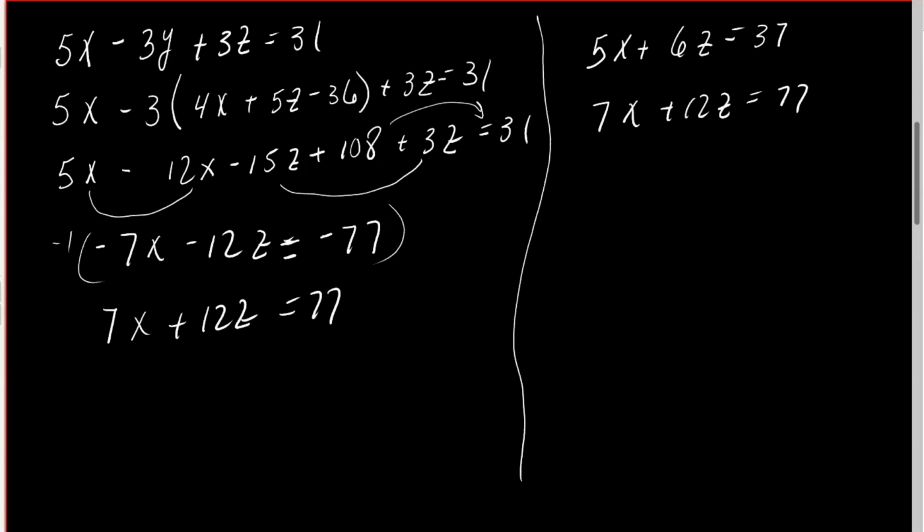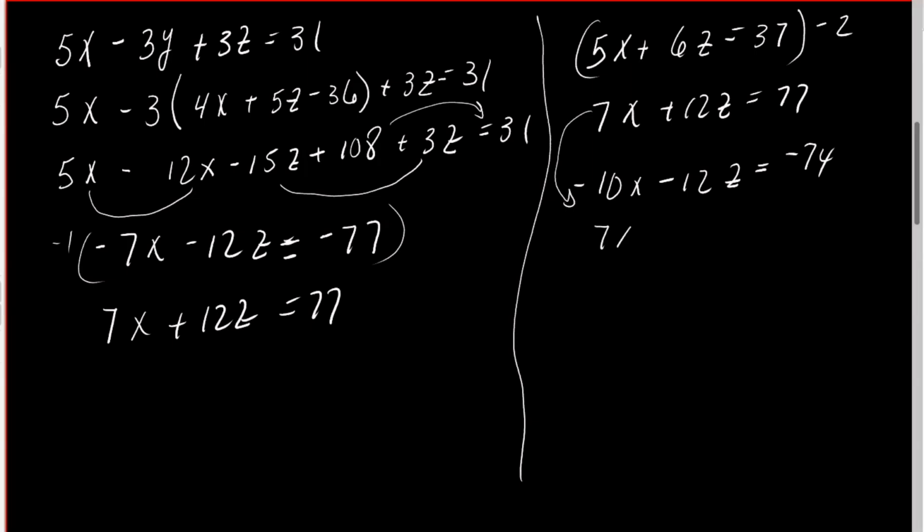Okay, so I'm going to multiply the top equation times negative 2. So that gives me negative 10x minus 12z equals negative 74. All right, let's bring this equation beneath it.